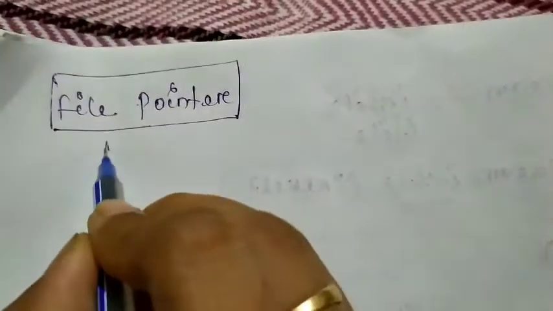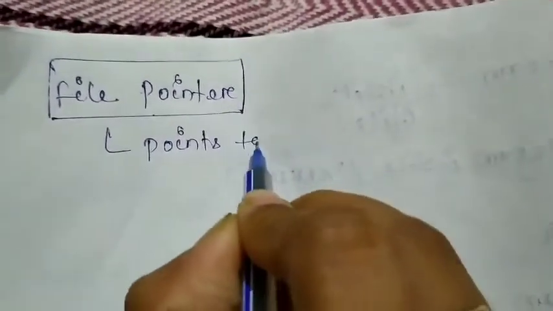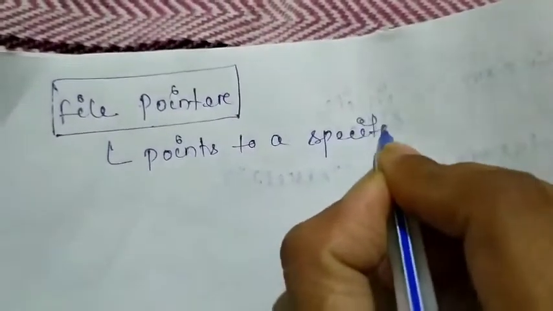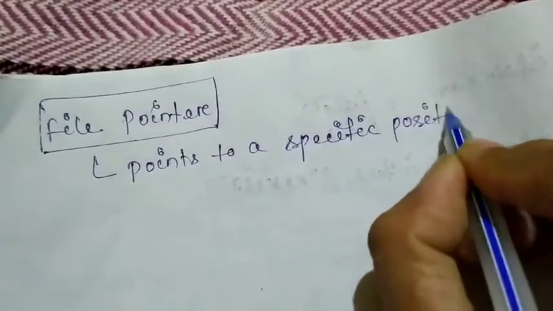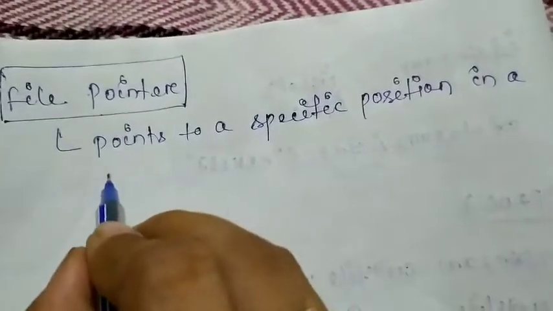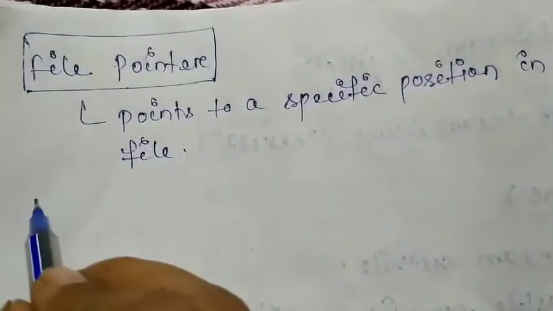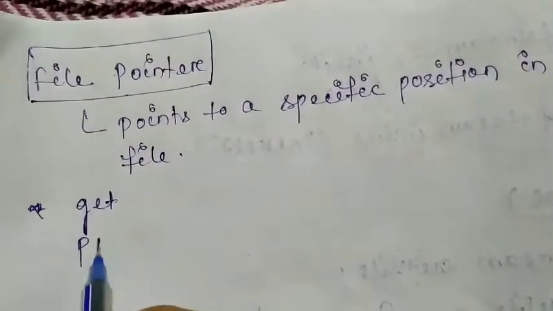So this pointer points to a specific position in a file. Here we'll use two pointers, one is get, another one is put.